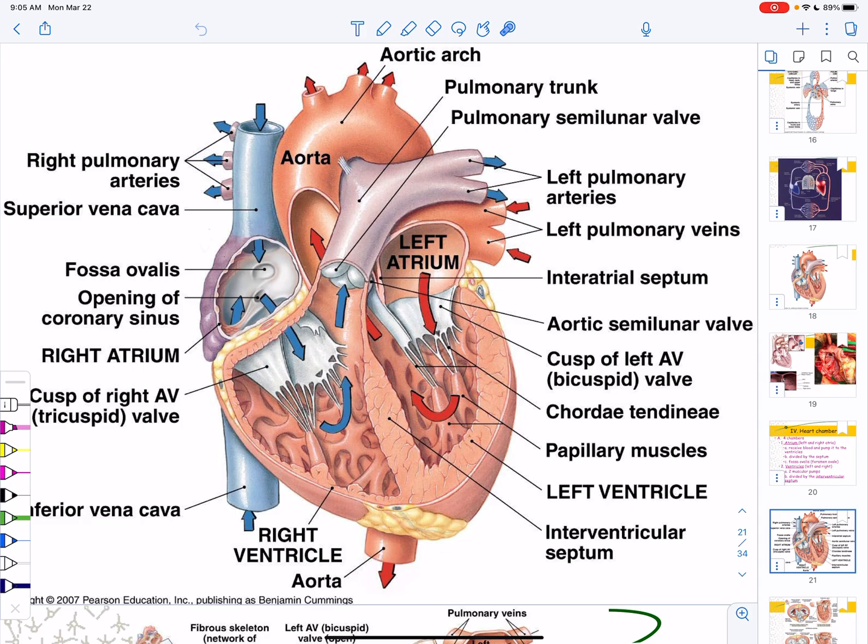Then on the other side, we have the left atrium. In between these two, there has to be a separator, and we call that the septum. So this is the interatrial septum because it's in between the atria, and it's a divider.